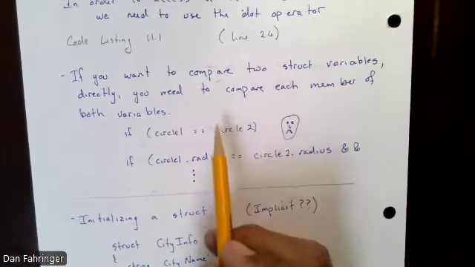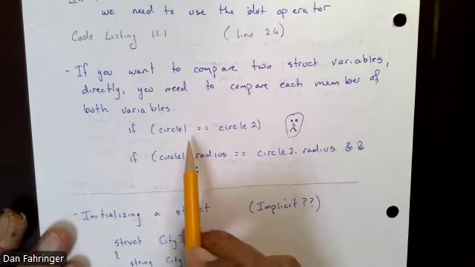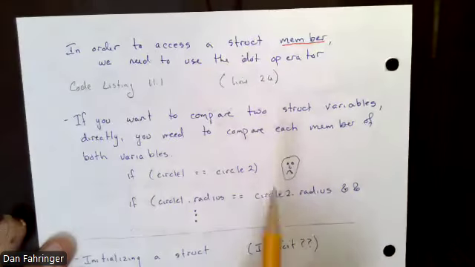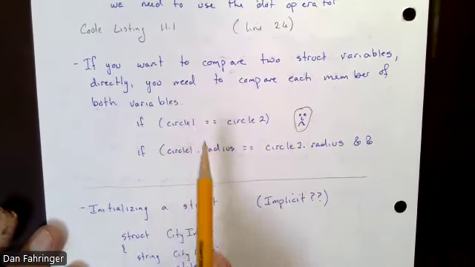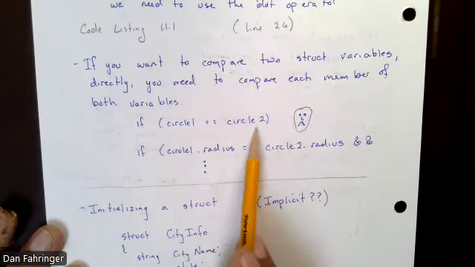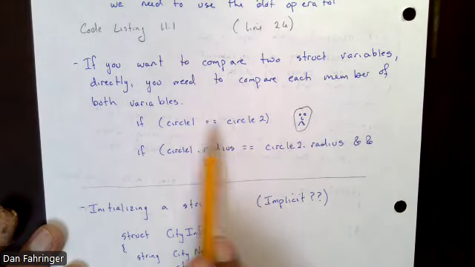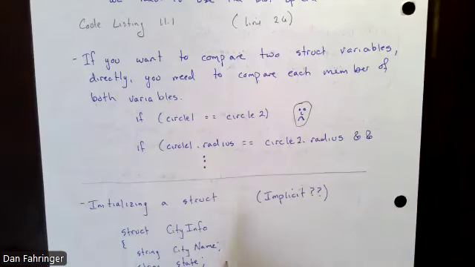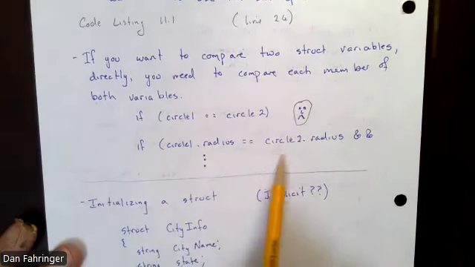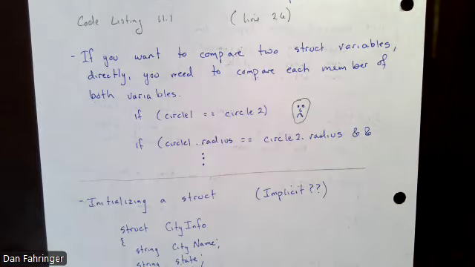If circle one equals circle two, they are both of the structure type circle. This is comparing what? Addresses, right? If I want to compare, something already defined, I may have to get in and actually do this deep comparing, just like we did with arrays. We want to go through and compare each one.